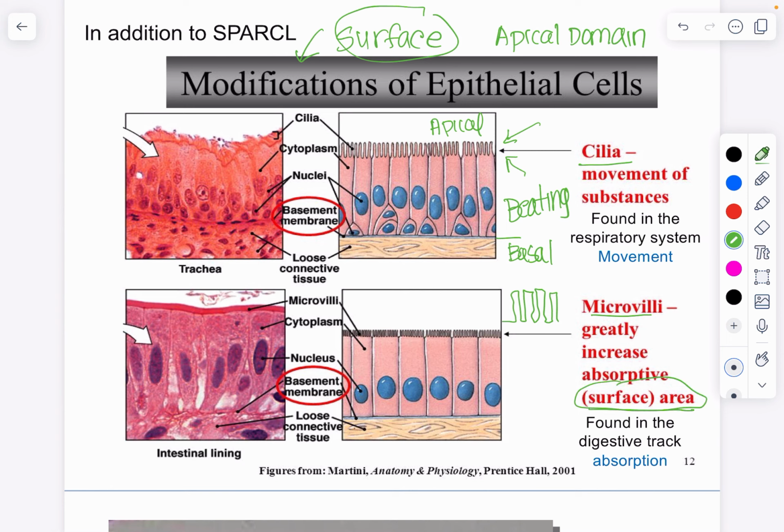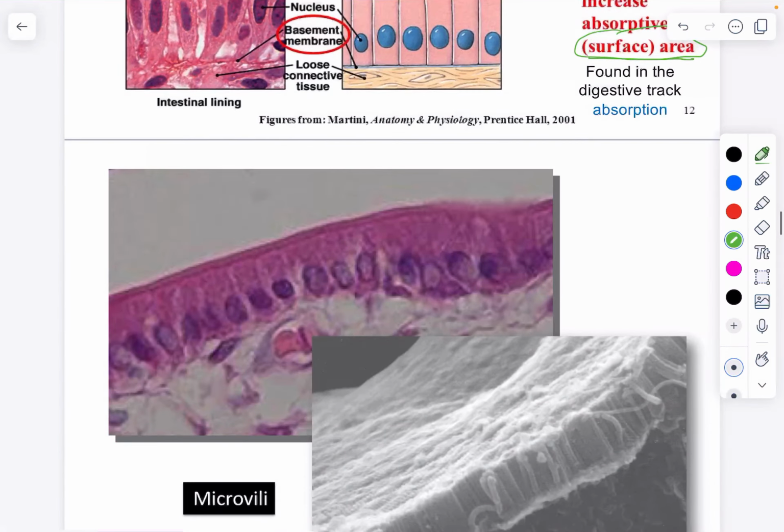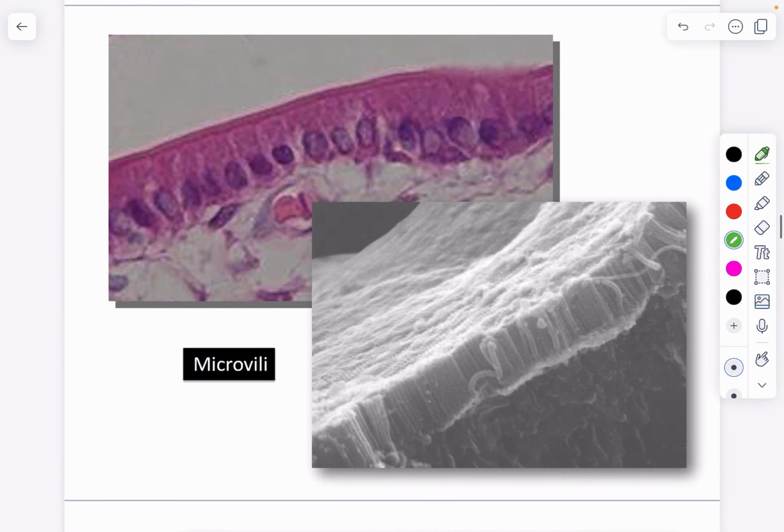So these are two very different structures. They have very different functions, but they're found on the surface of epithelial cells. All right, this is another view of what microvilli look like. So under the microscope, it looks like they're kind of tightly packed in here. And if you did a scanning electron micrograph, you can really appreciate the greater surface area that is caused when you have these extensions from the membrane, right?